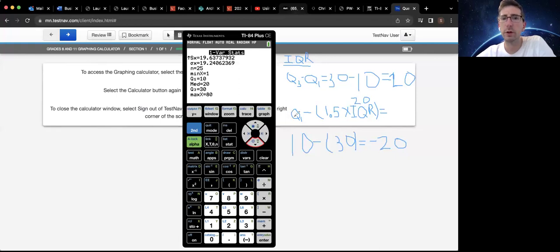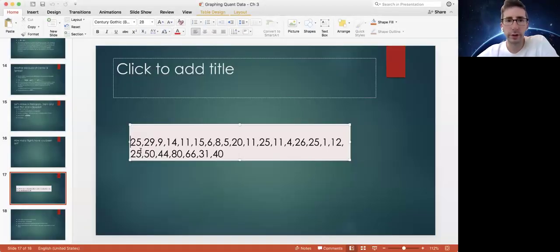You need to make sure you take Q1, right? Subtract that from this, as opposed to calculating this first and then subtracting Q1, okay? So let's go back to our data. We don't have any negative numbers, right? So there are no lower outliers in our data set.